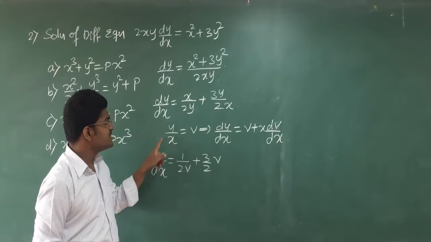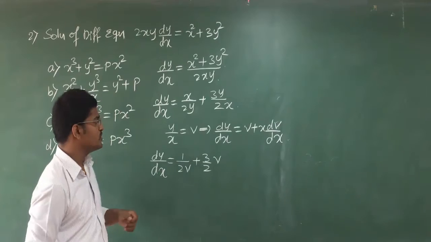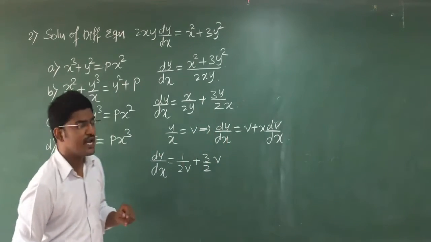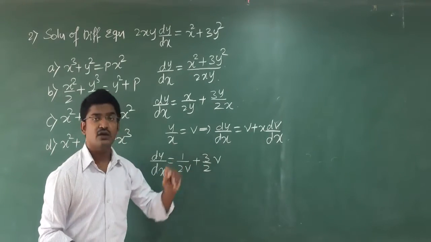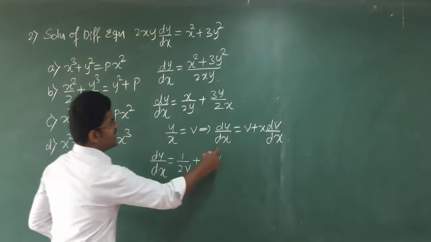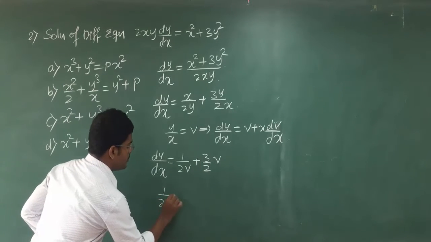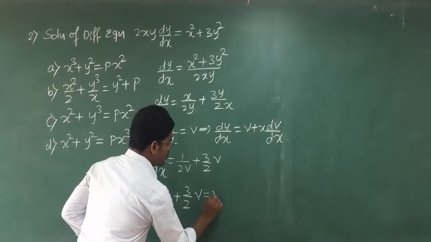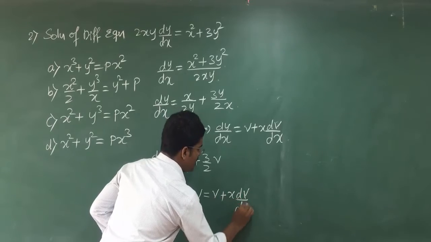If y by x is v, x by y will be 1 by v. No problem with that. So in the place of dy by dx, you can write 1 by 2v plus 3v by 2 equal to v plus x into dv by dx.